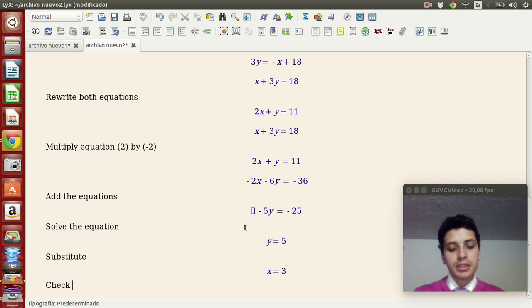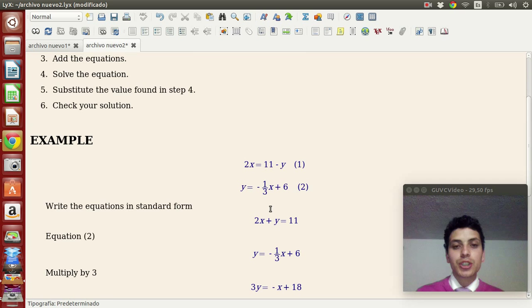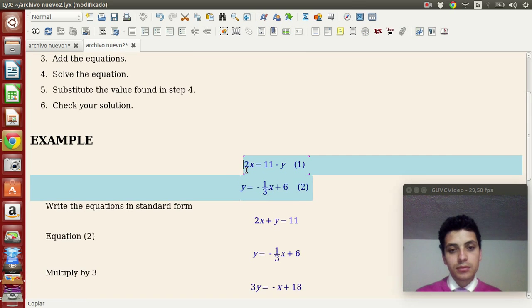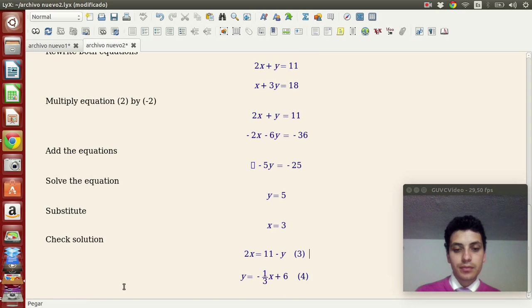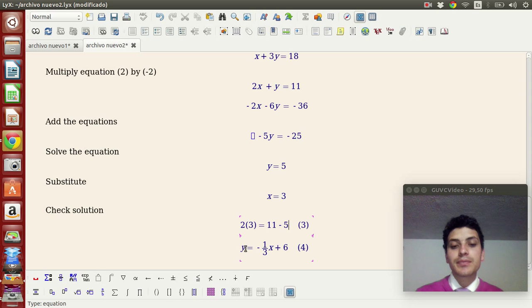Okay, check the solution. So we have the original system, and we're gonna check it. Here x is 3, 11 minus 5 is 6, and 3 times 2 is 6, it's right.